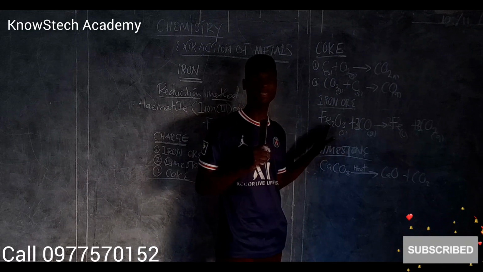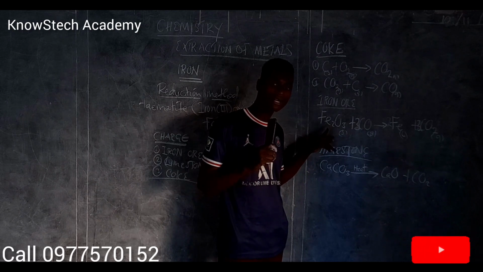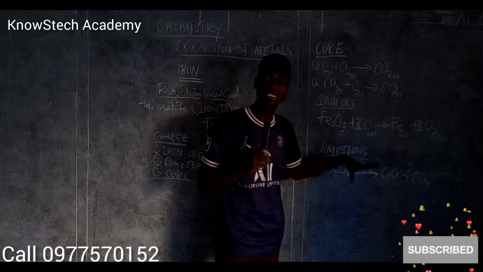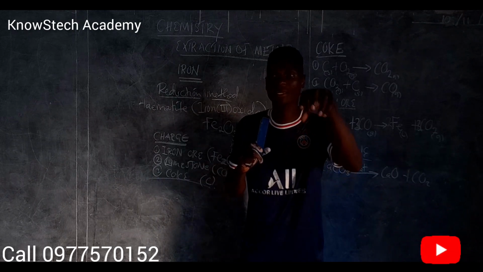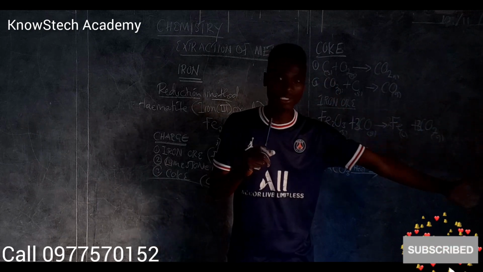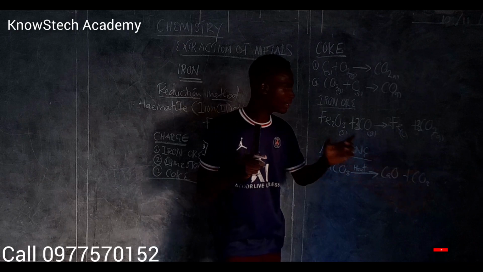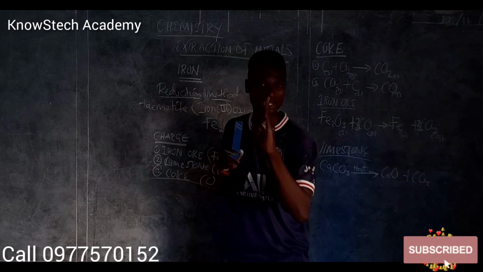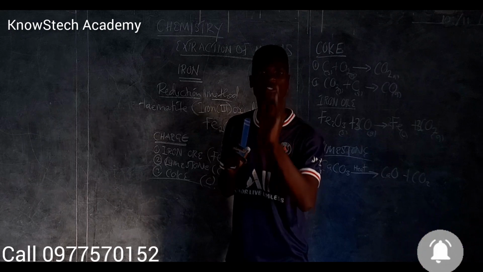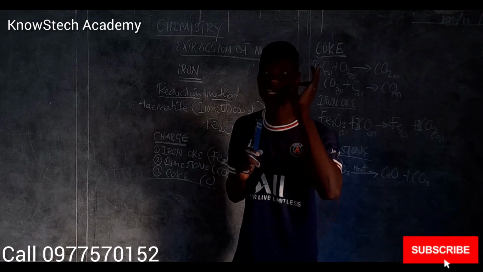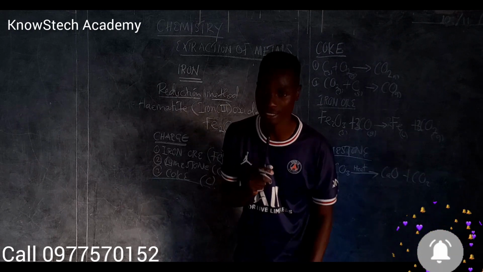Now, remember this is an ore of iron and impurities. Impurities include what? Sand and others, which is called silicate, or just the sand. The function of limestone is to remove impurities in the extraction of iron in the blast furnace.